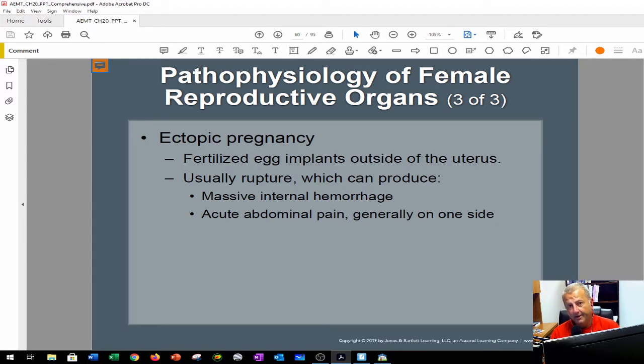The egg and sperm meet inside the fallopian tube, but usually that migrates out of the fallopian tube, and then the egg attaches to the uterus. When it gets stuck in the fallopian tube, the egg starts growing and ends up rupturing the fallopian tube. When it does, it's very vascular, and it's a really large hemorrhage loss, and it's life-threatening.